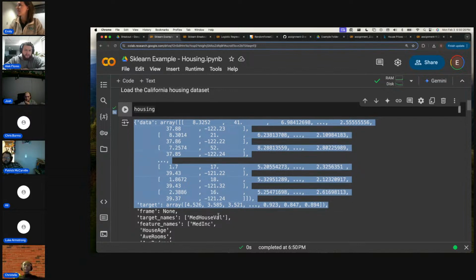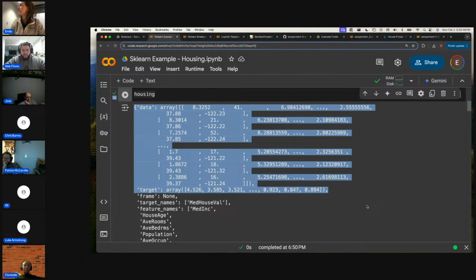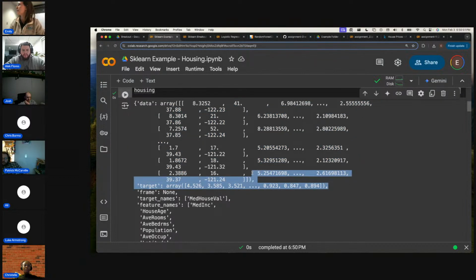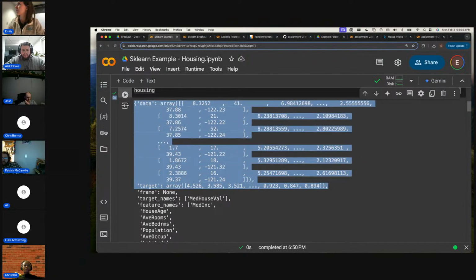Which of these is our Y variable? Okay, target is going to be our Y variable that we're looking for, and data is going to be our X variable.